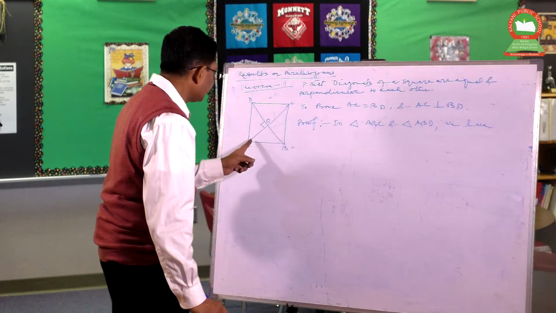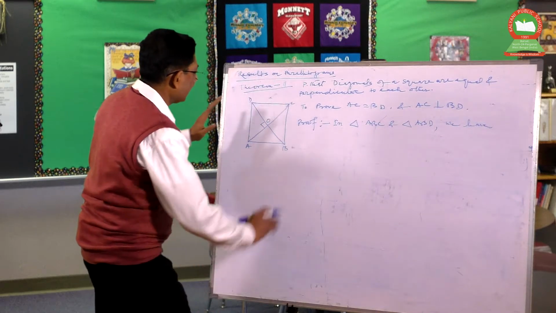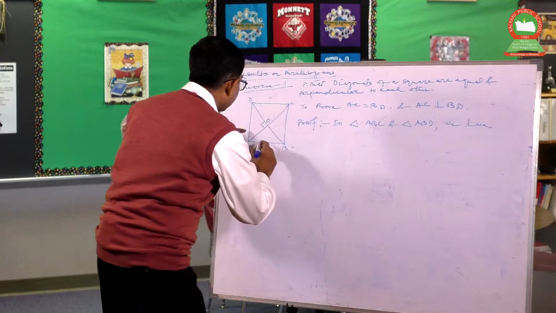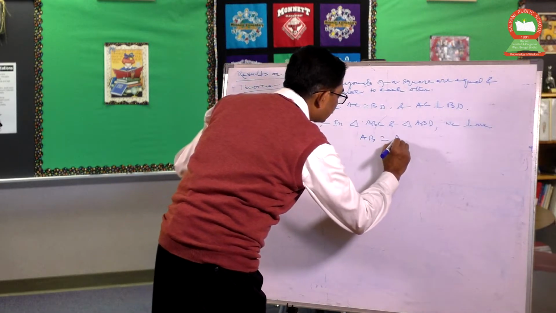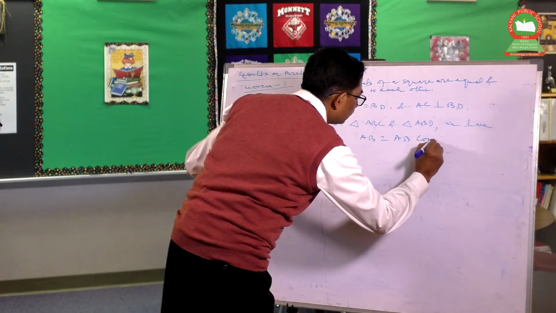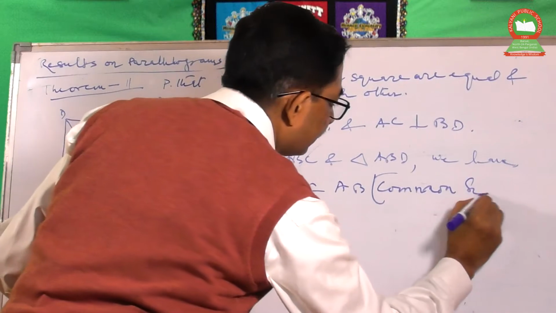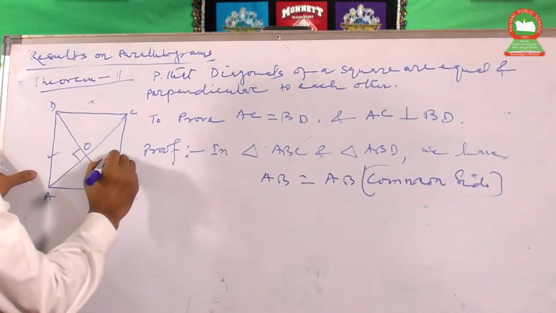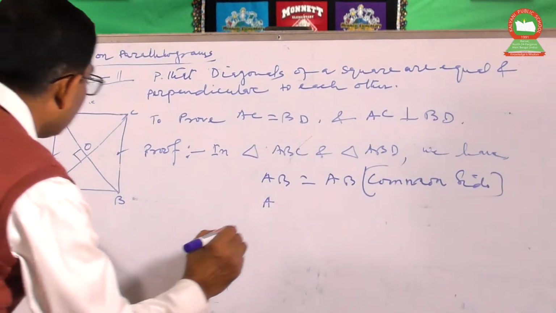Now, in triangle ABC and triangle ABD, these two triangles, what we can get is AB equal to AB, this is a common side, and this is equal to this also, because this is a side of a square, all sides are equal.